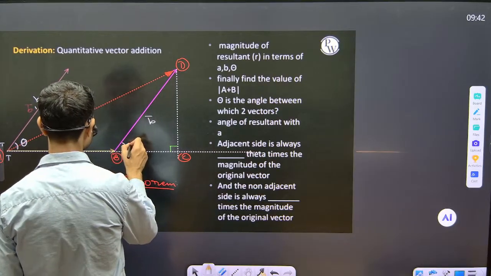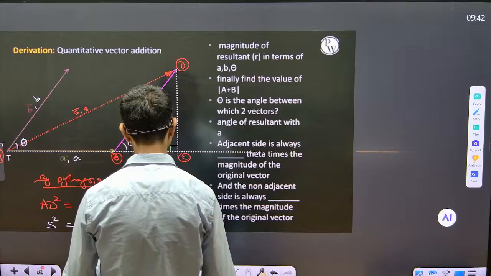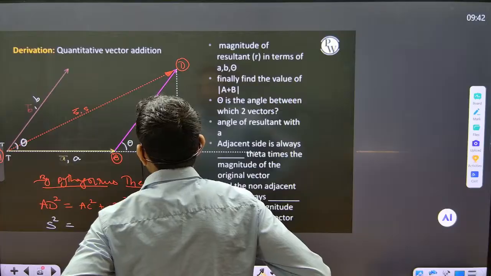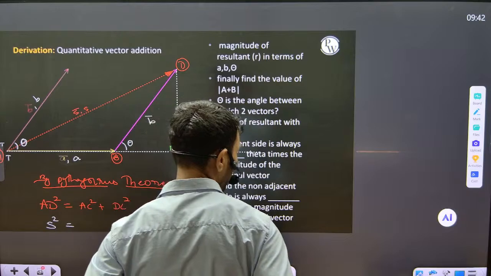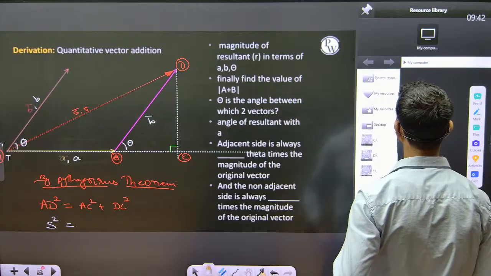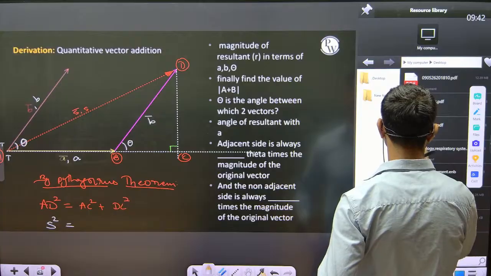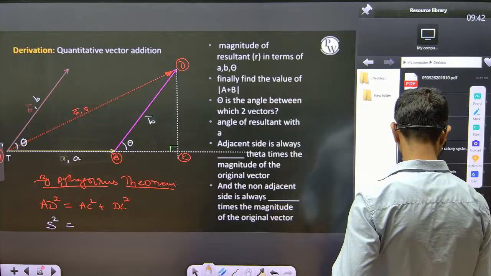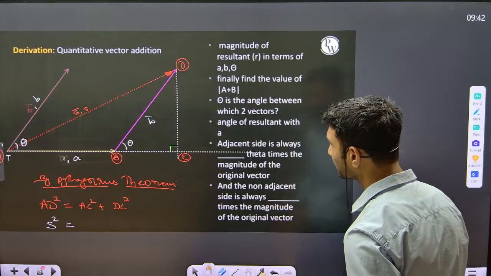So this will also be theta only, right? You know, that will be theta only.